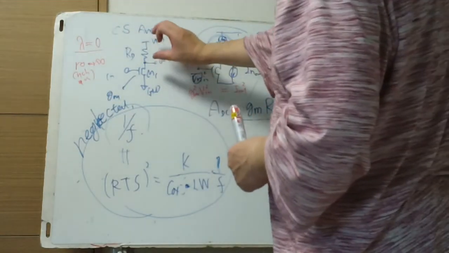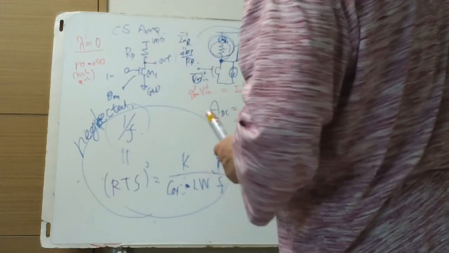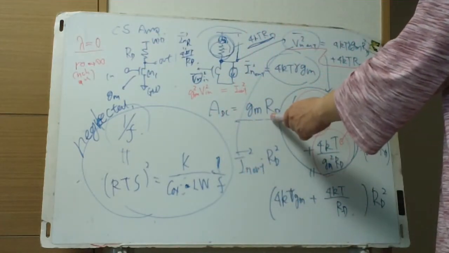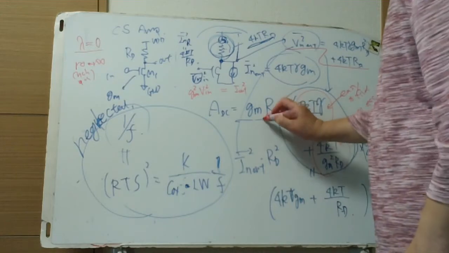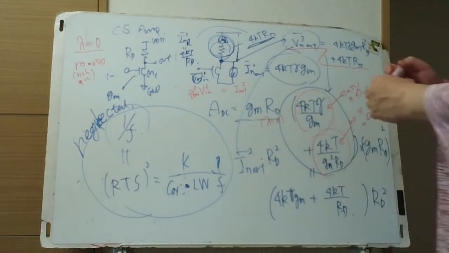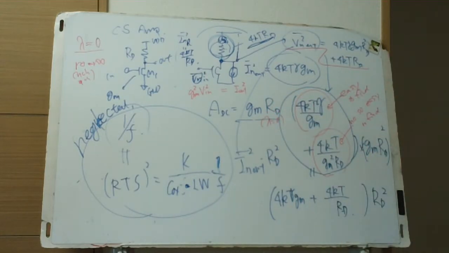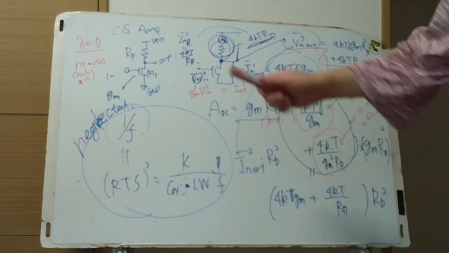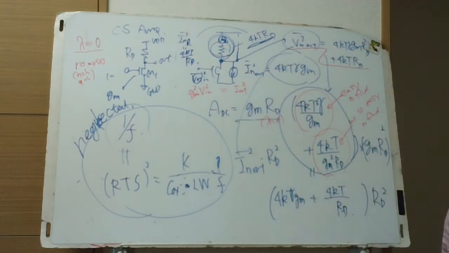So RO in parallel with RD is RD, so Rout equals just RD. This is because lambda equals 0. I must comment that lambda equals 0 in this model.